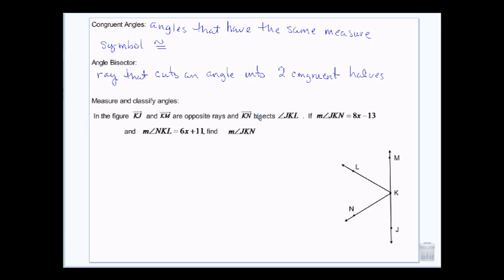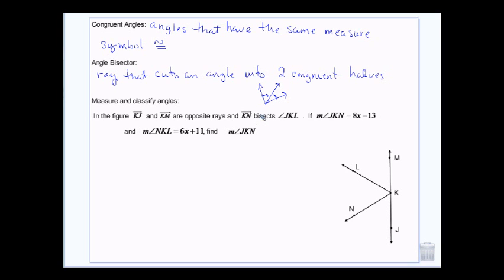So if I take an angle and I cut it in half, like here, and this is my bisector, that would mean that this angle and this angle would be the same. If I didn't draw it that way, that's what it would mean. An interior ray is just any old ray cutting it into any sizes, but if it's a bisector, it cuts them into two equal pieces.